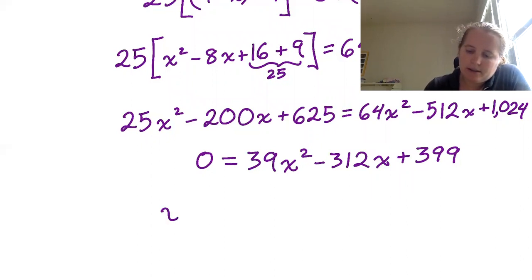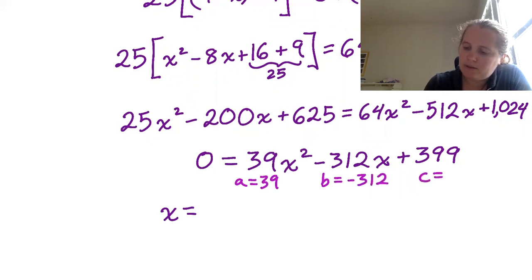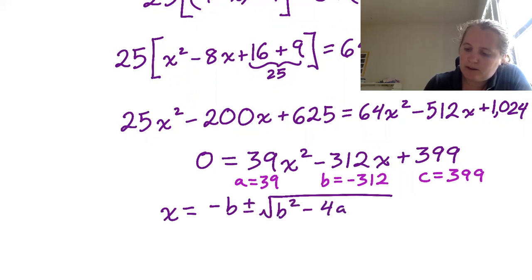So we have x equals, for quadratic formula, in this case our a is 39, b is negative 312, and c is 399. The quadratic formula says x equals negative b plus or minus the square root of b squared minus 4ac all over 2a.